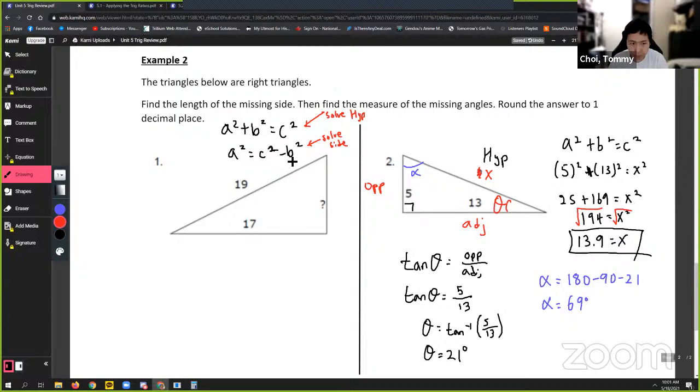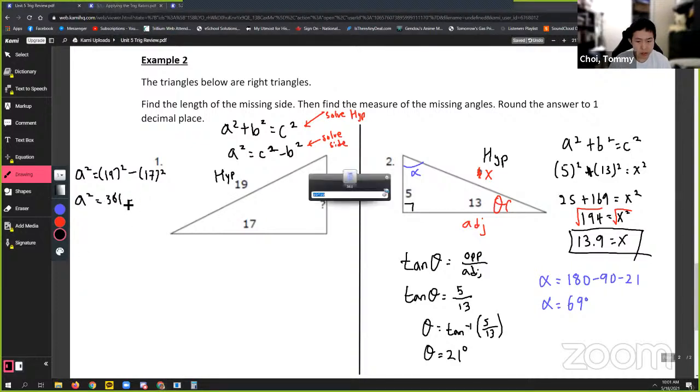So here, for question 1, we do that side work using a squared equals c squared minus b squared, and we know that this is the hypotenuse here. We plug in, we get a squared is equal to 19 squared minus 17 squared. 19 squared is 361, and 17 squared is 289.